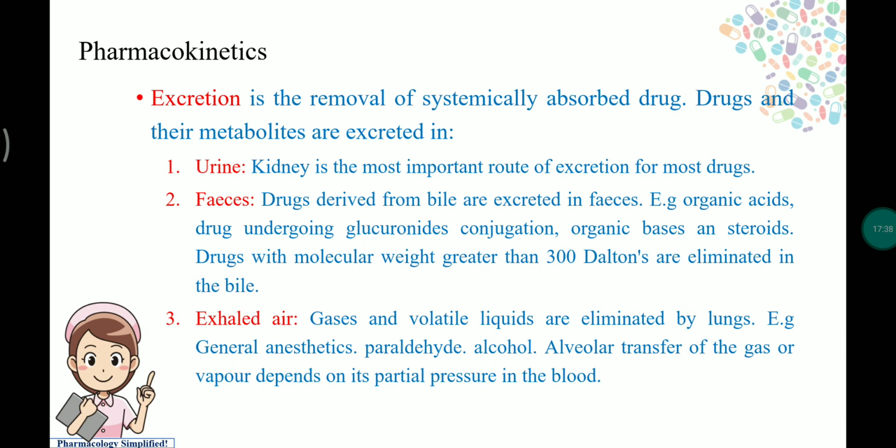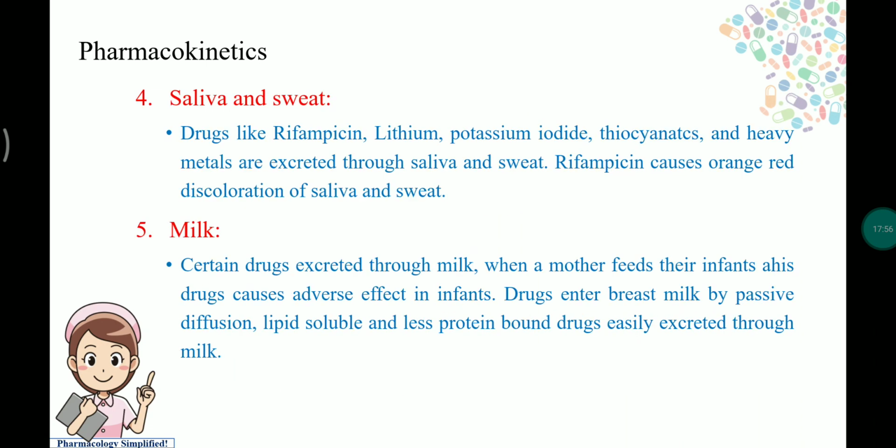Exhaled air: gases and volatile liquids are eliminated by the lungs. Examples are general anesthetics and alcohol, through alveolar transfer of gases or vapor, which depends on the partial pressure in the blood. Saliva: drugs like rifampin, lithium, potassium iodide, thiocyanates, and heavy metals are excreted through saliva and sweat.